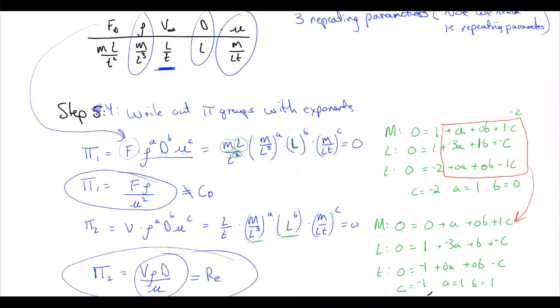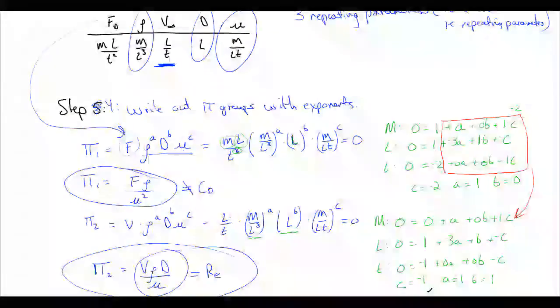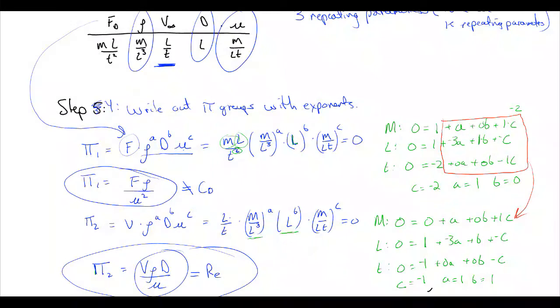And so what this is telling us is that our pi 1 is equal to our force times our density divided by our viscosity squared. And we could probably find some meaning about this, but it's unlikely, right? And it's not very useful to us.